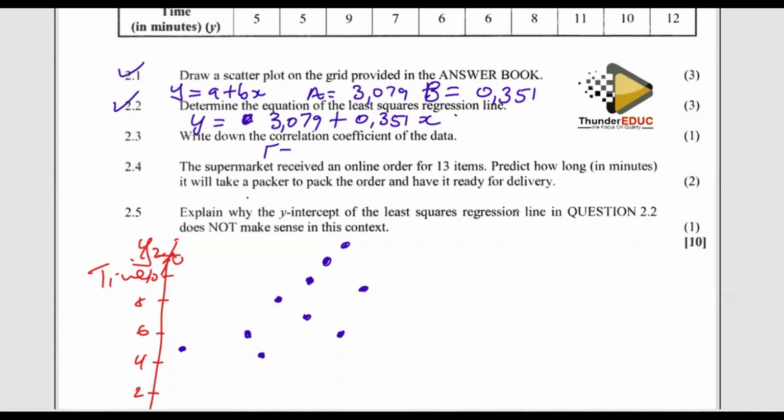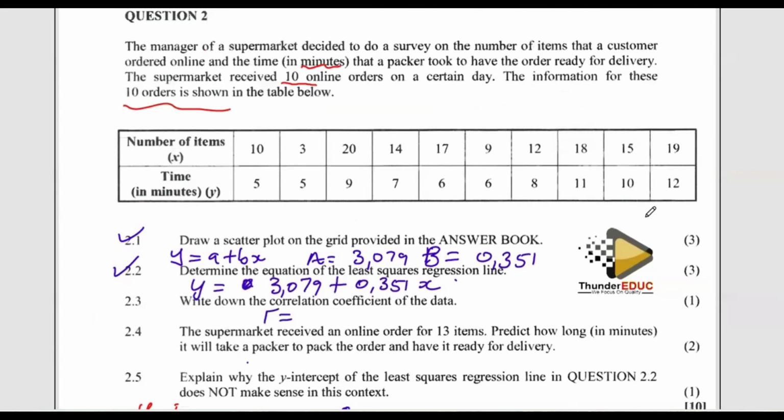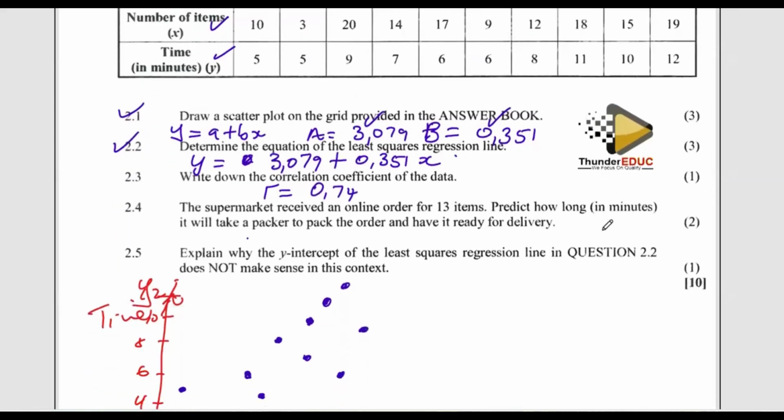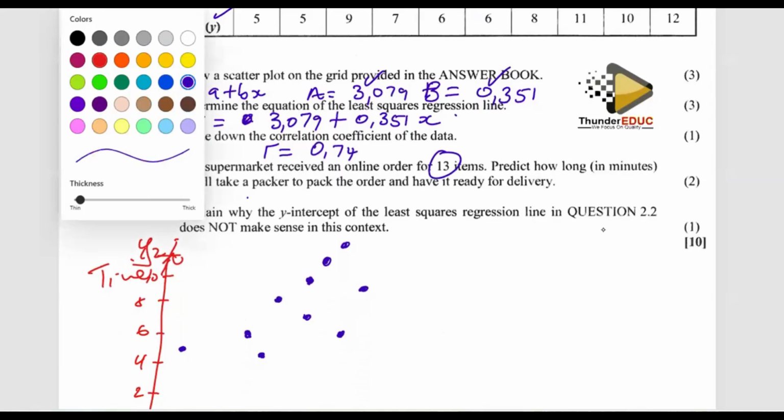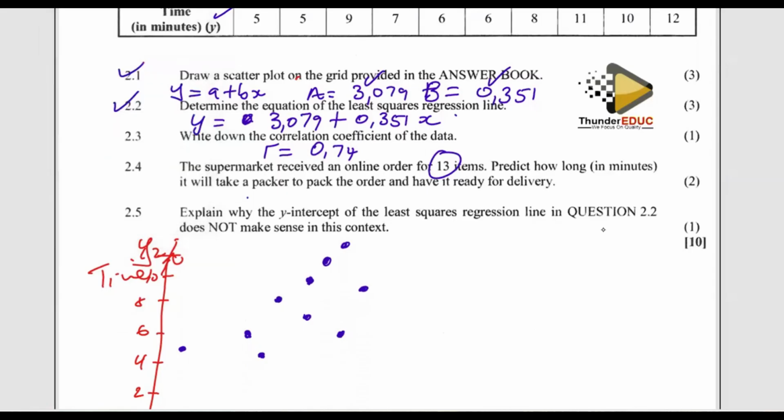Okay, then I need to find the correlation. So after punching all these numbers into the calculator, yes, that's how I obtain my A and my B. So my correlation coefficient is 0,74 to 2 decimals. And then 2.4, they're telling us that the supermarket received an order of 13 items. Okay, can we predict how long in minutes?